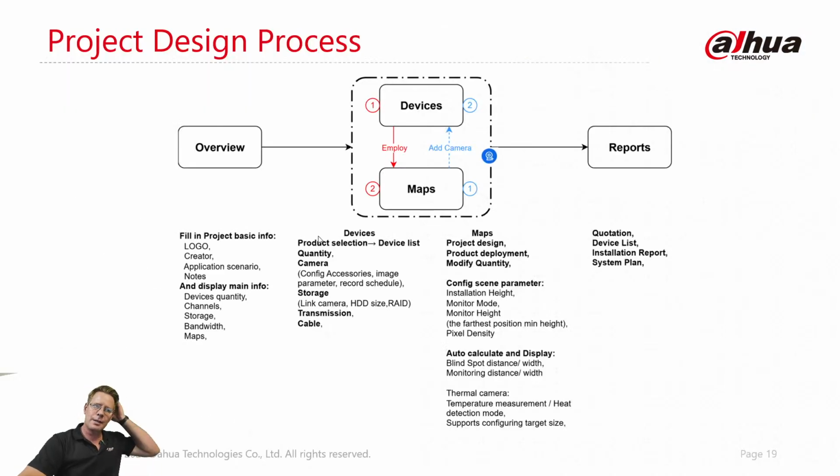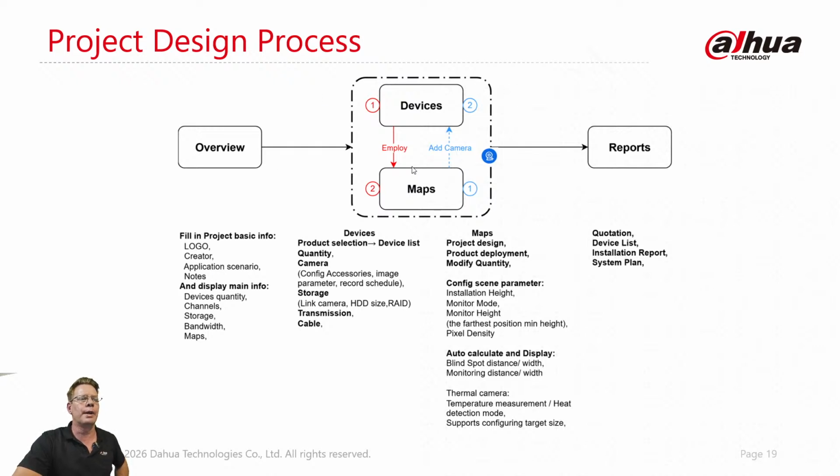Then adding devices, so you'll have your overview. You can select your devices. From your devices, then simply click and drag it onto your map or your floor plan, and after that your reports. This is just an overview of the simple layout of the software and how it looks. On the left hand side, the overview, you'll have your logo, your creator, your application scenarios, your notes, your device quantities and channels.